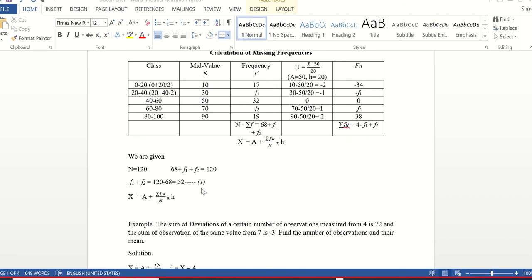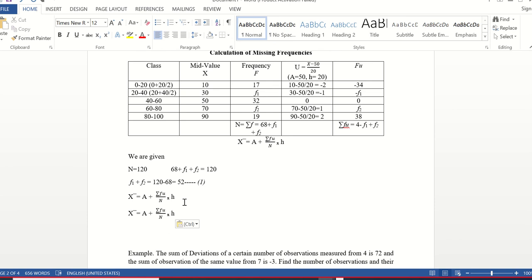Now what I will do next is apply the formula of arithmetic mean. So the formula is mean equals a plus summation of fu divided by n into h. Now I will put values into this formula.